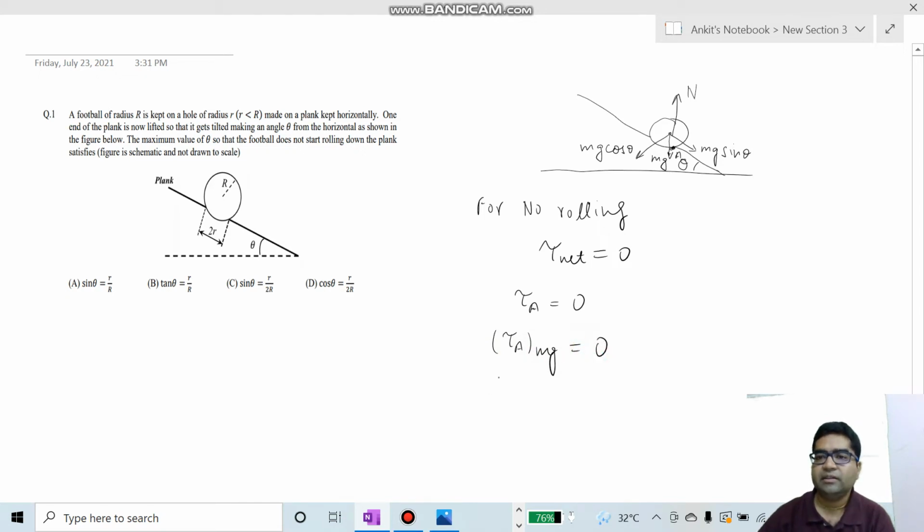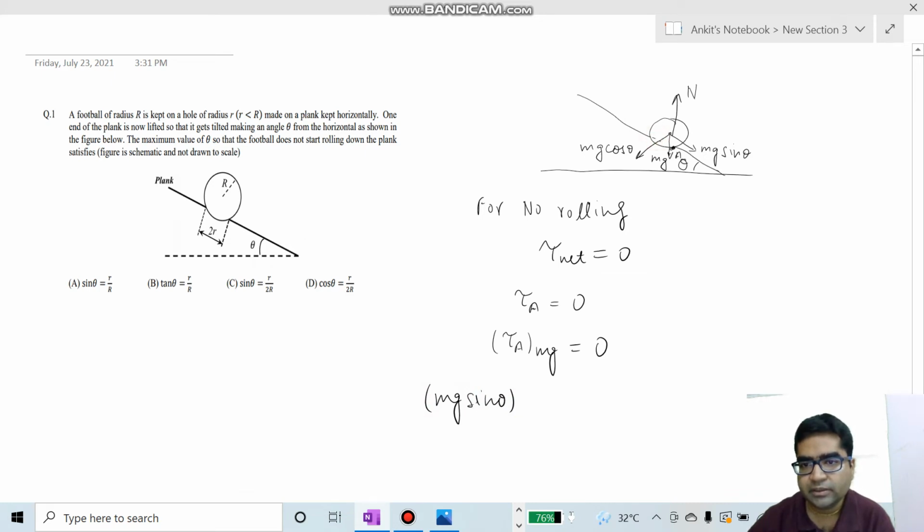Let us take the components of this force mg. Let us take the torque of these different components of mg, like one is mg sine theta and one is mg cos theta. So torque of mg sine theta about point A will be mg sine theta into the perpendicular distance of mg sine theta from this point.